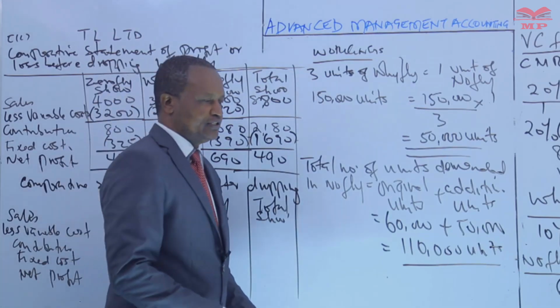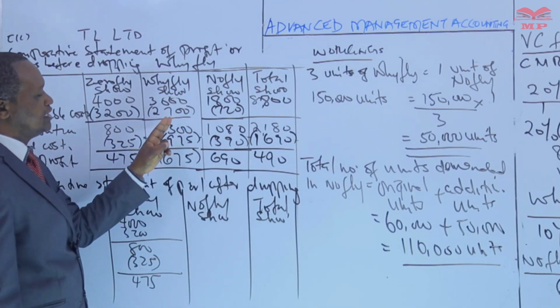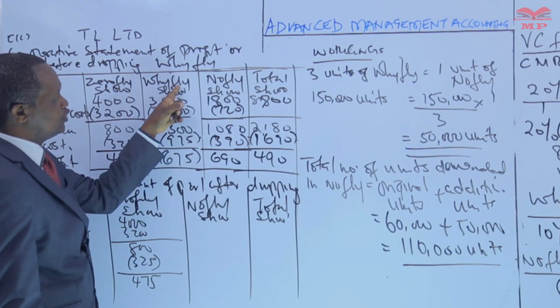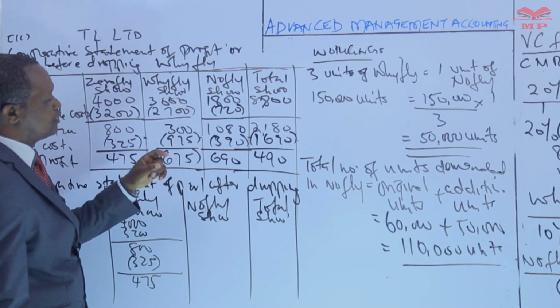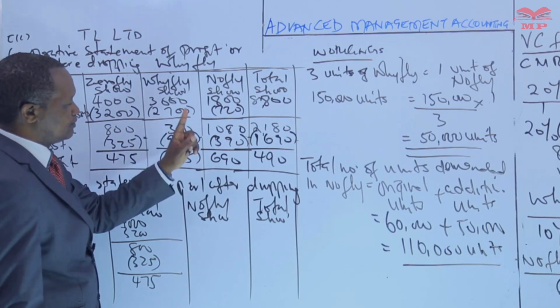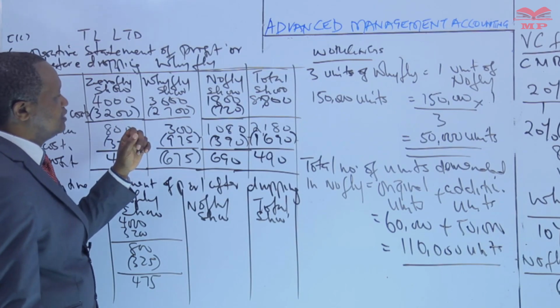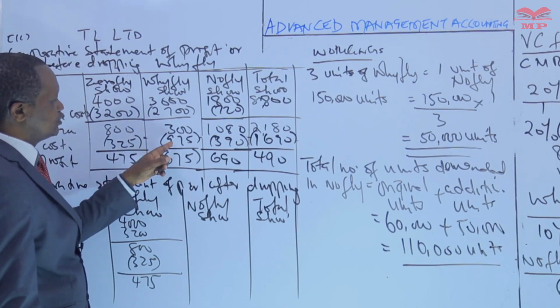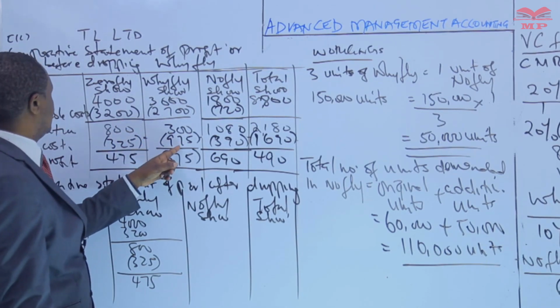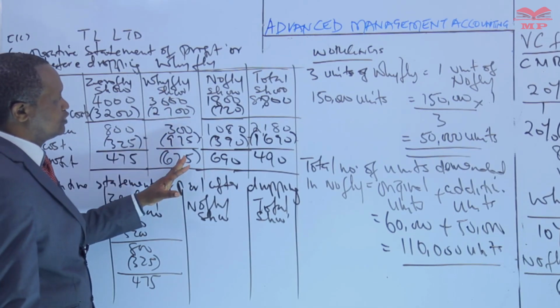So candidates, that's it. The company decides to stop producing Wi-Fi because of the low contribution margin ratio, and the company is making losses, so they decide to close production of this product.